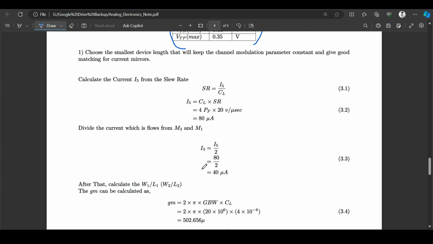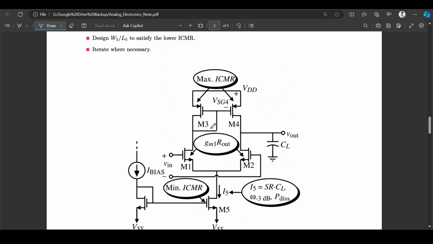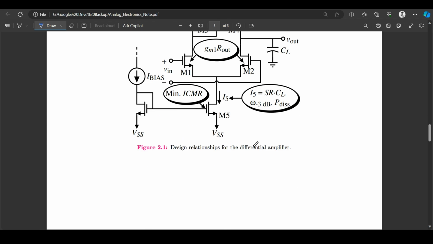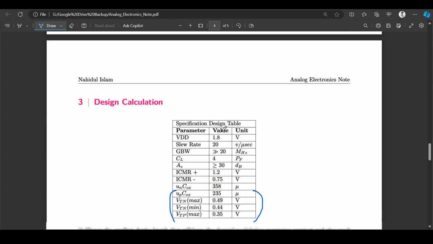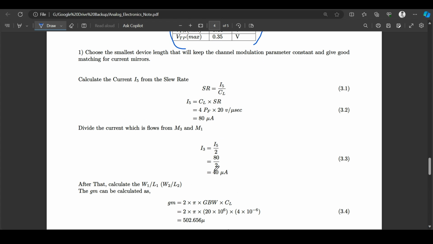Then we have to divide it by 2, because half of the current will flow through the M3 and M1 transistors, and the other half will flow through the M4 and M2 transistors. If I divide it by 2, then the current will be 40 microampere.